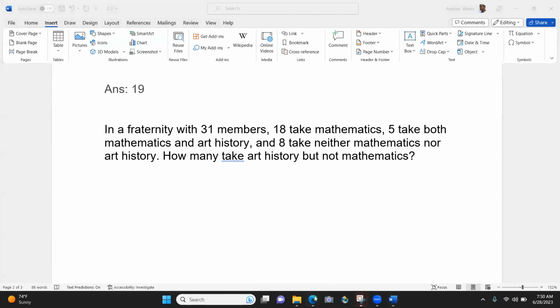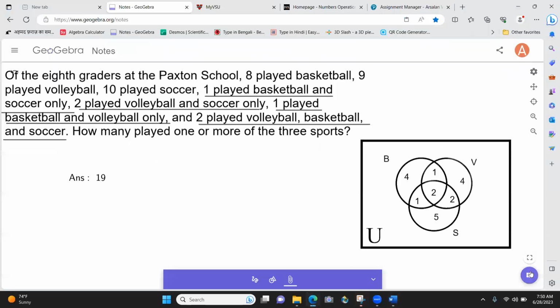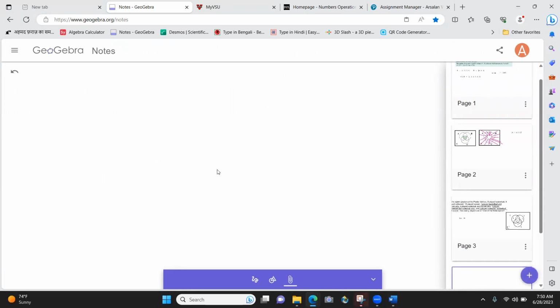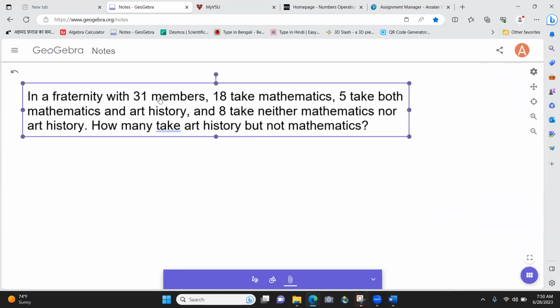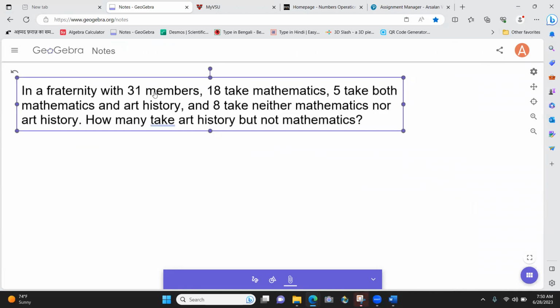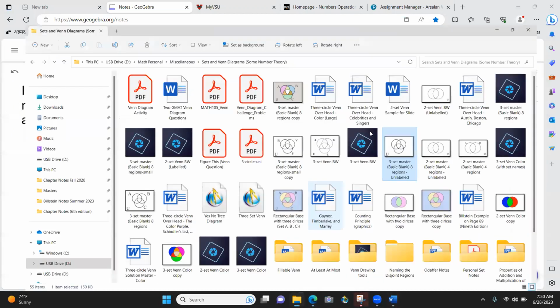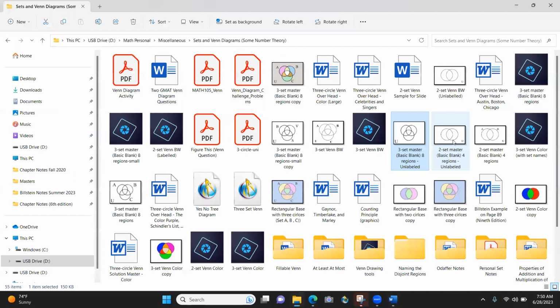This is also from your MATLAB. So interesting. We're talking about a two-set Venn.